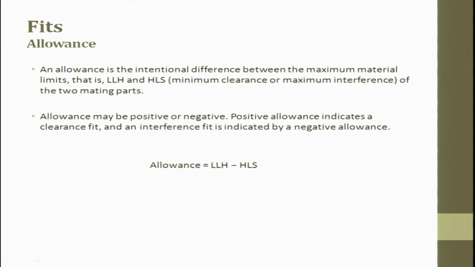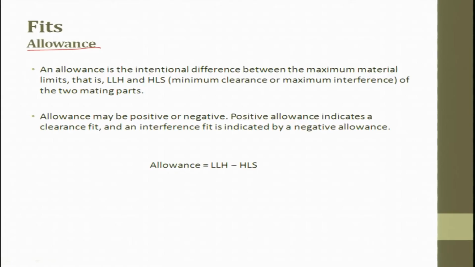Now let us try to understand one more concept called allowance. So, what is allowance? Allowance has to be linked with maximum material condition, minimum material condition, clearance, all these things, right. An allowance is the intentional difference.